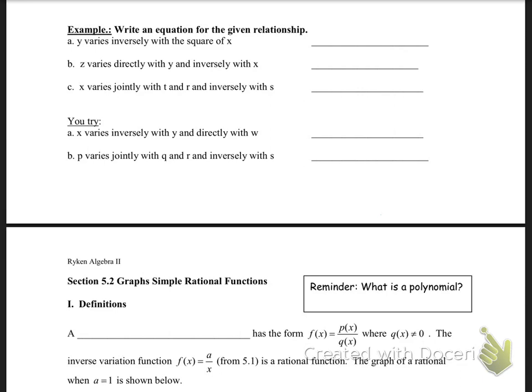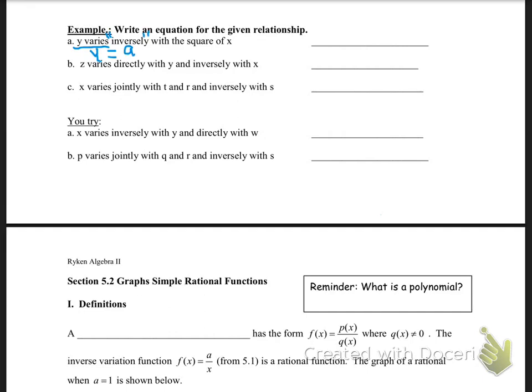The hardest part of this whole section a lot of students have is going from the words to the equation. So the last thing we're going to do is just practice writing the equation. So if we look at the first one, y varies. When I see that part, I want you to write y equals. Then I see this key word, inversely.